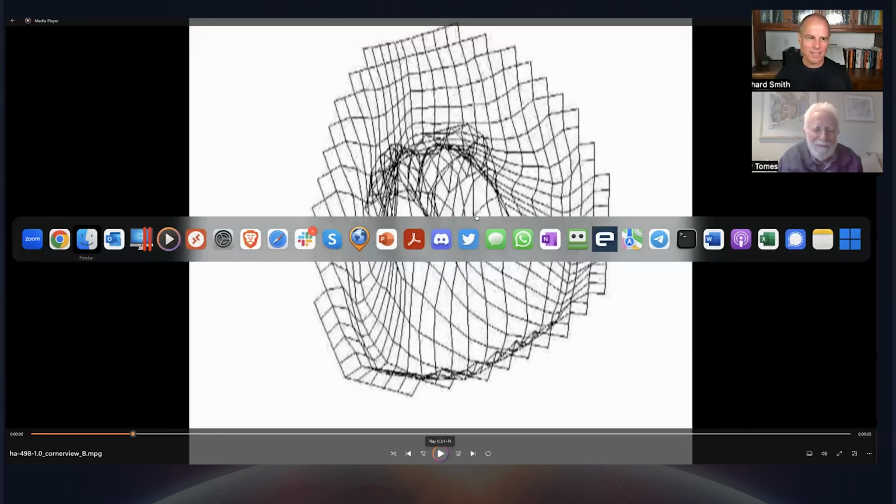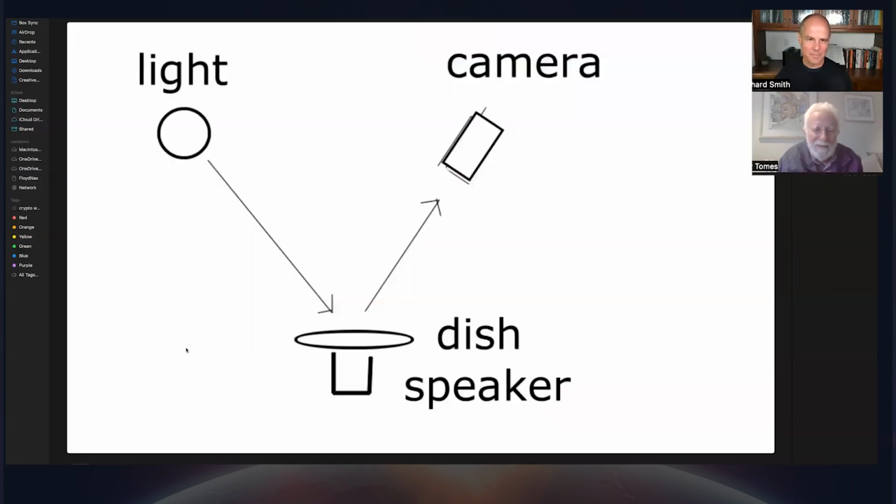So I made a little apparatus to try and do this. So let's look at the apparatus. All right, I'll pull up those slides here. Yeah, this one. I had a little dish mounted on a speaker, and I had a video camera, and I had a light so that the light would reflect directly into the camera. There was water in this dish.